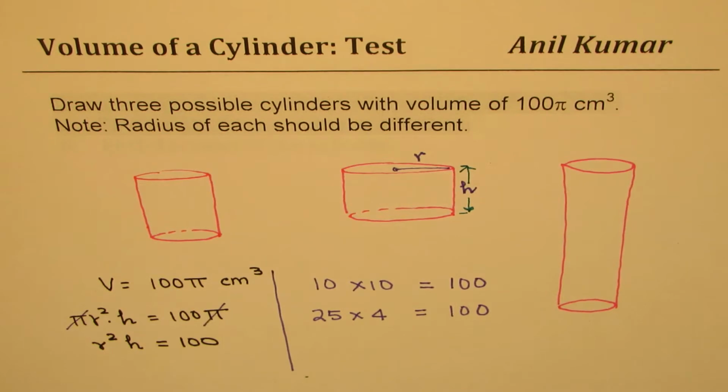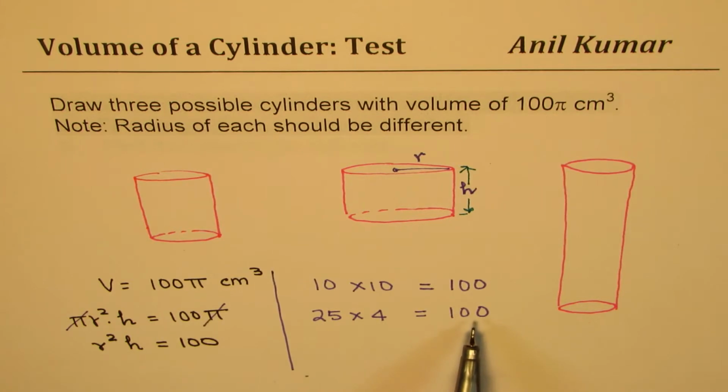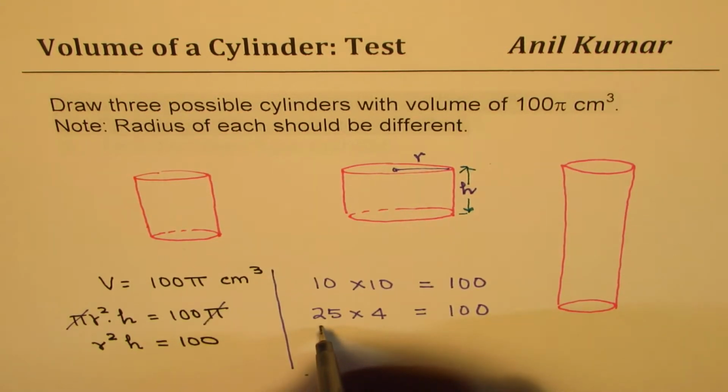Do you see that? So you can have different numbers whose product could be 100, right? So that is what we are looking for. So if I say 10 times 10 is 100, in that case, one of the figures here is the height, the other one is the radius.